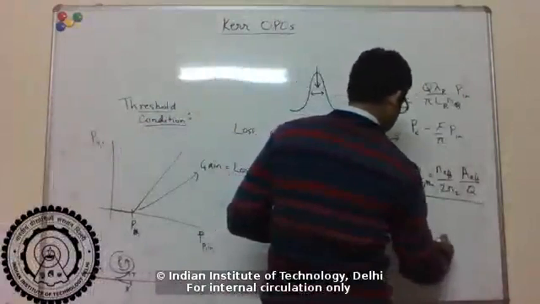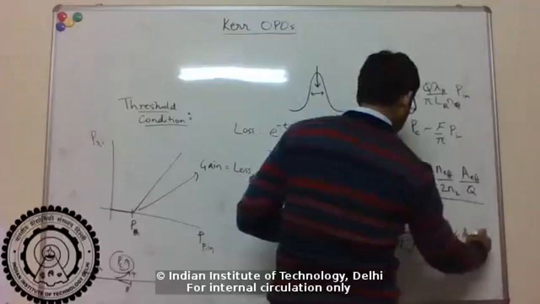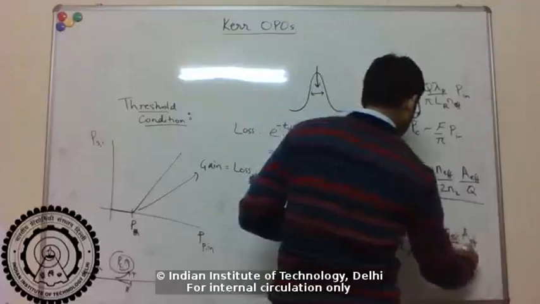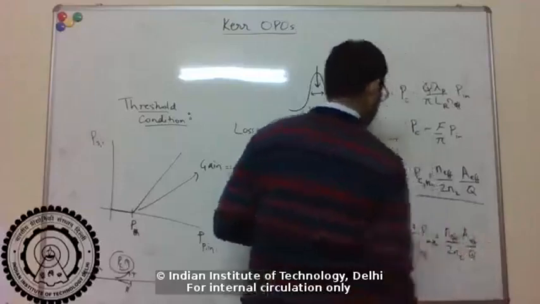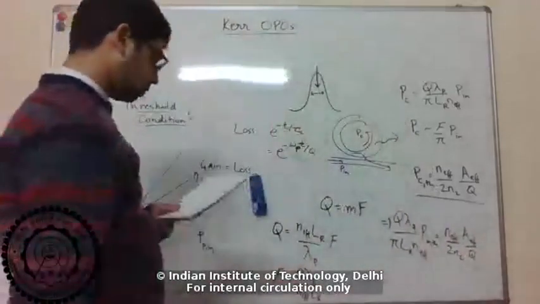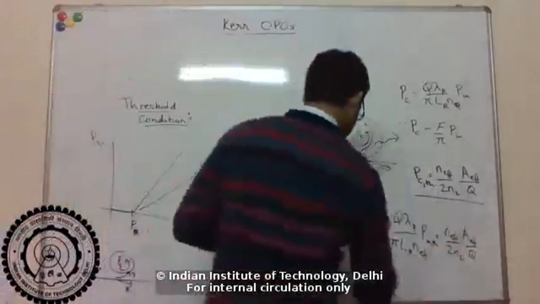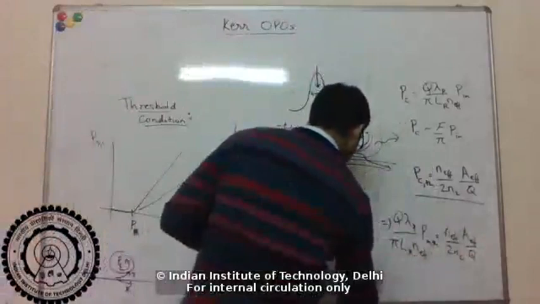So, P in threshold. Right, just take terms on the other side, so we get the threshold input power.